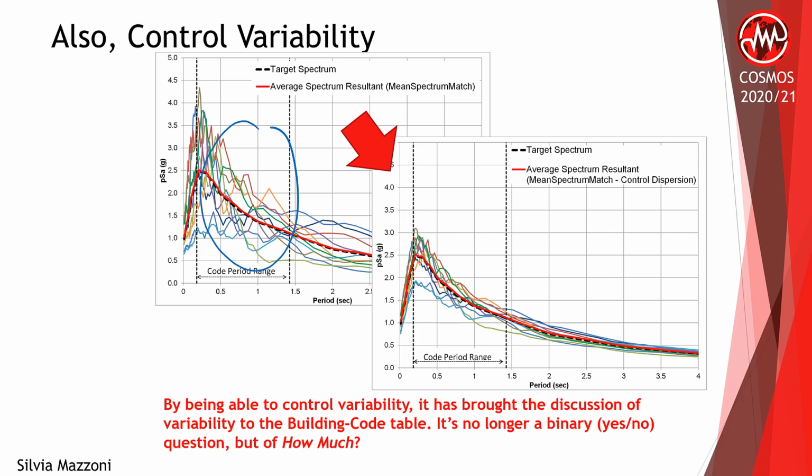Now you can have a large variability or a small variability, which is important when you've got a small set of ground motions. Remember, when you do amplitude scaling with a large suite, it gives you a lot more freedom, and you can bring in additional tools to do with the scaling. But when you've got 11 ground motions, you have to go in and modify the records just a little bit so that you can control this variability.